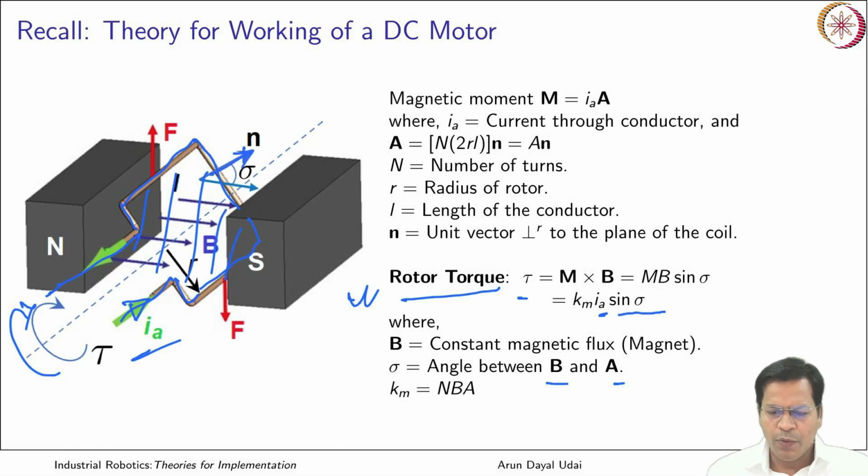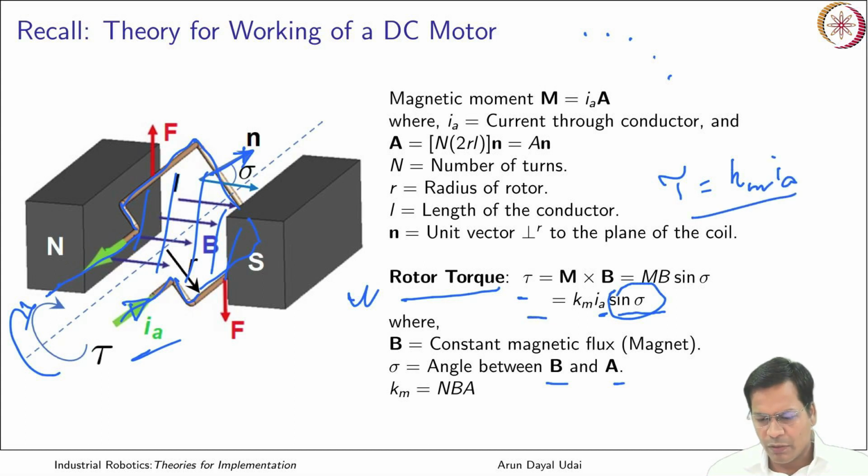So you see, if you have multiple poles and multiple coils, this becomes almost insignificant, and in that case tau is proportional to the current flowing through it. This torque basically varies in a sinusoidal manner.